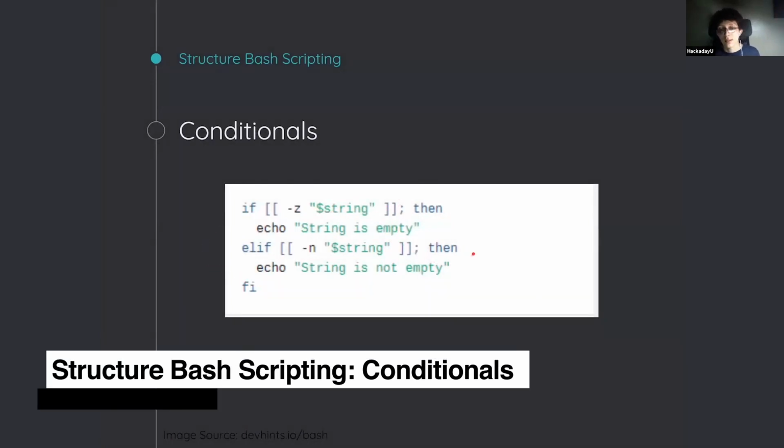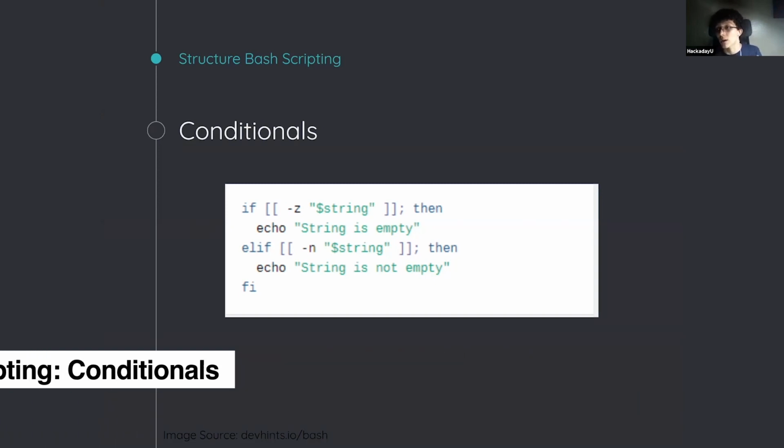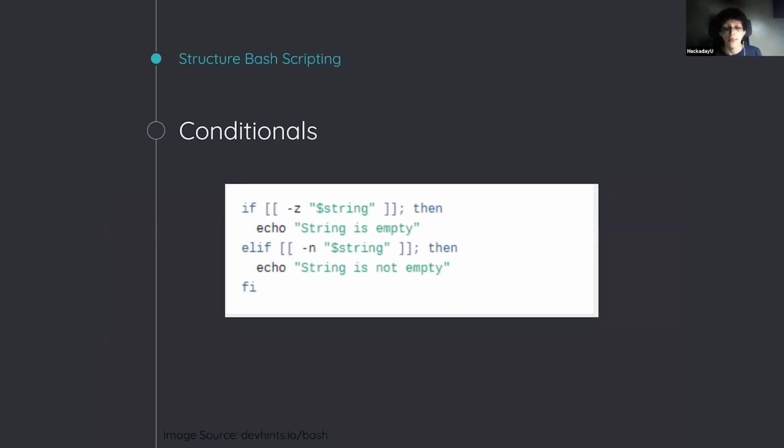So conditionals. This is a good way to make a program know when things are happening. If you're doing a backup and you want to see that there's a file that exists, and if it's not, then it should run the program again because there's an error.